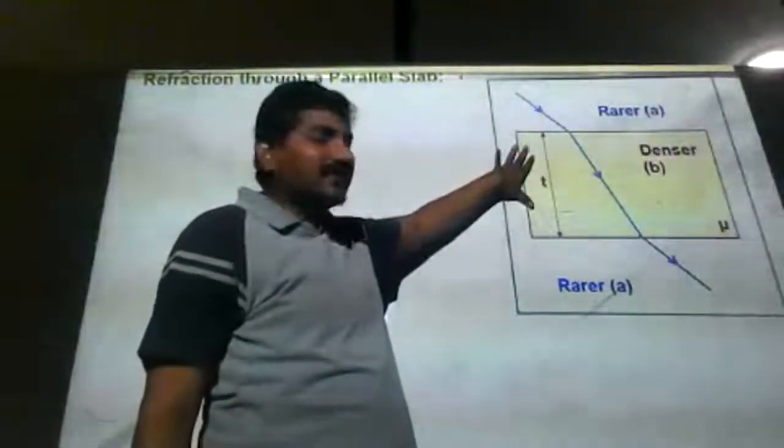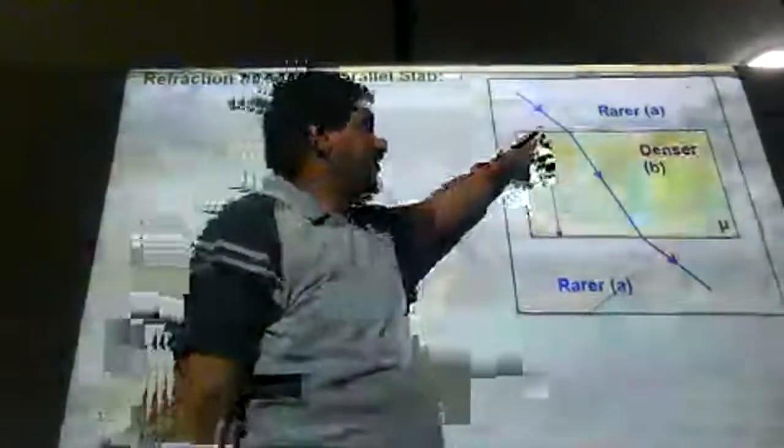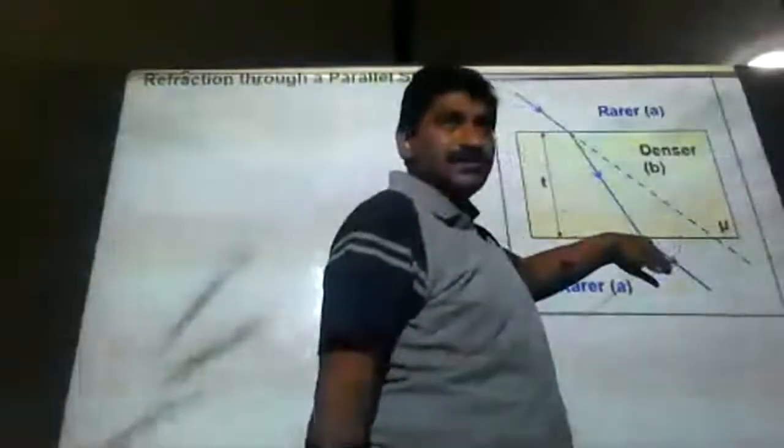Look at here. This is a glass slab, having thickness T. The light which is incident on it refracts and emerges out. Now you can see here the dotted lines extending from the incident light ray straight. That gives the straight path compared with the emergent path.